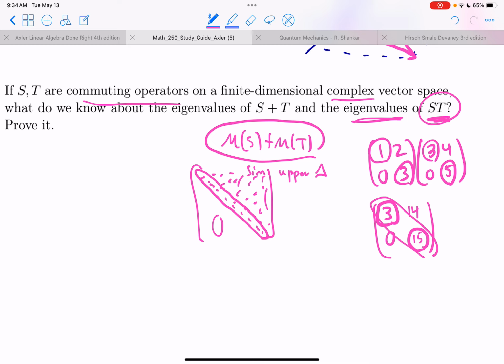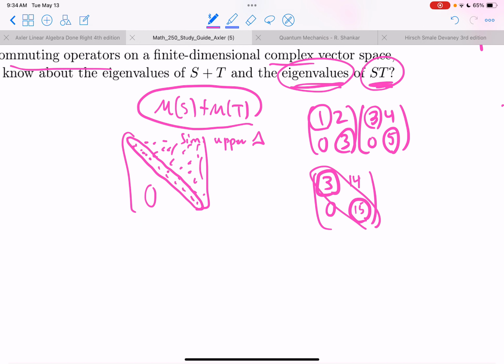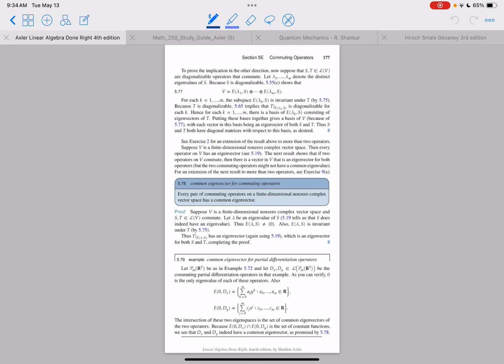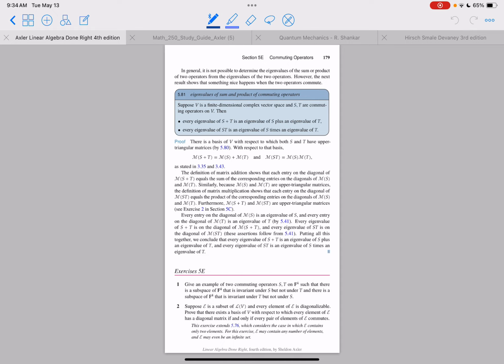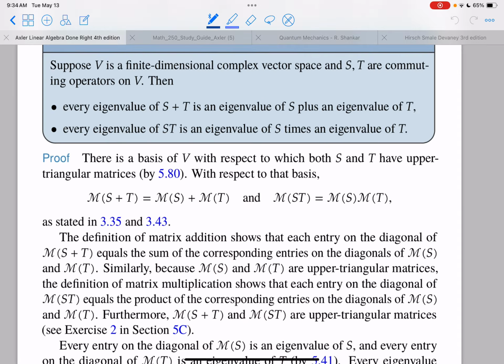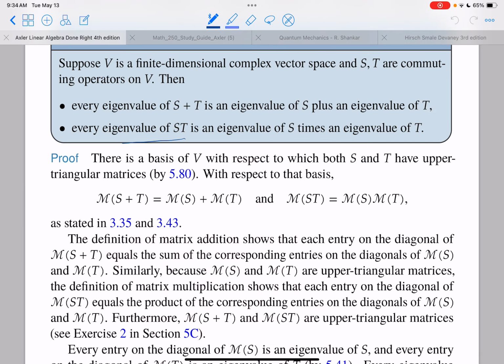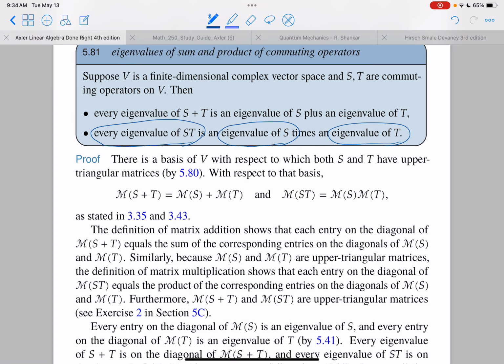Now, I mean, the order might matter here. So all we really know is that the eigenvalues of ST are among the possible products of an eigenvalue of S times an eigenvalue of T. I think that's right. Let's just double check that to make sure. Yeah, so this is a kind of a weak statement. Every eigenvalue of ST is some eigenvalue of S times some eigenvalue of T. That doesn't mean that every possible product appears, but they definitely are of that form.